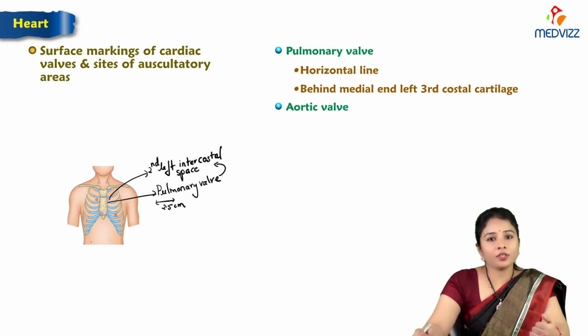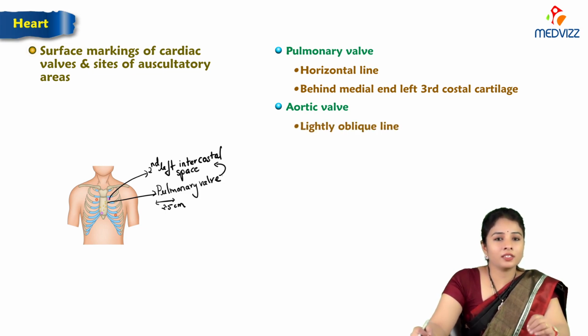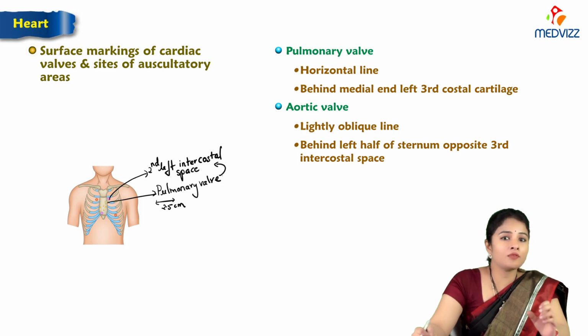Next, the aortic valve. The aortic valve is slightly oblique, a line 2.5 centimeters long that you draw behind the left half of the sternum, opposite the third intercostal space.